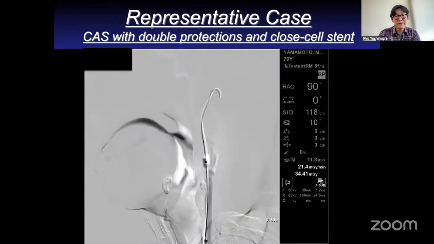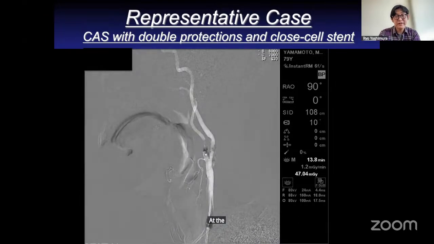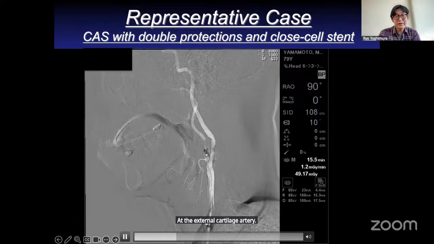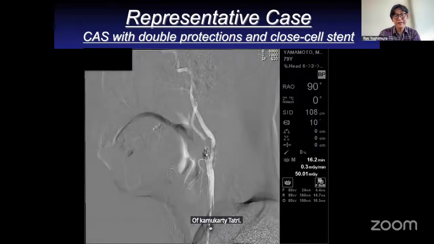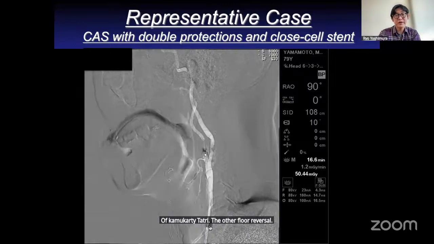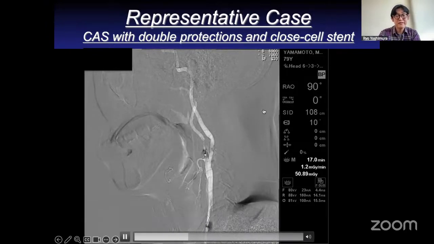Inflate the balloon at the external carotid artery, and inflate the balloon of the common carotid artery. Then the flow reversal. And a distal protection device, this is a filter type protection device here. And check the angio.